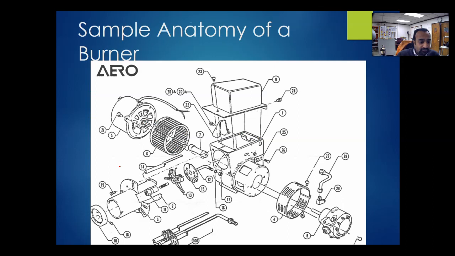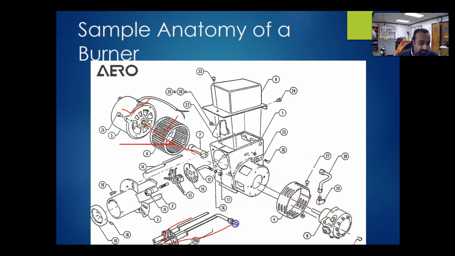Moving on, these are some of the components. We went through this last semester. Just to reiterate, we have a motor, inducer fan connection. The motor turns on the fan. This is a coupler, and this coupler connects the motor to the pump. This is the air band where we allow the air to come in.